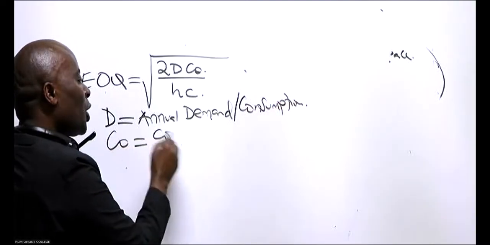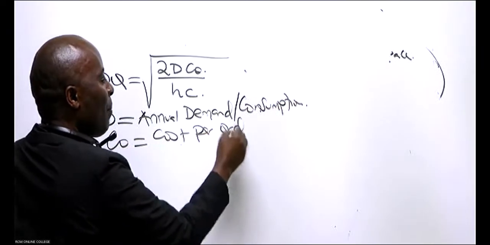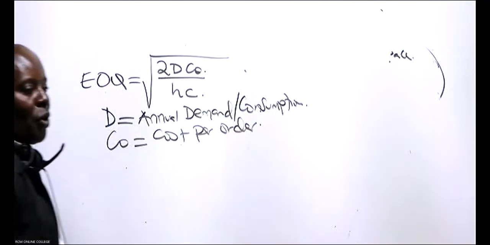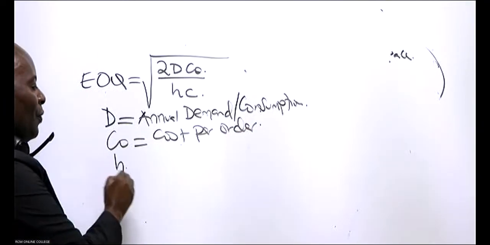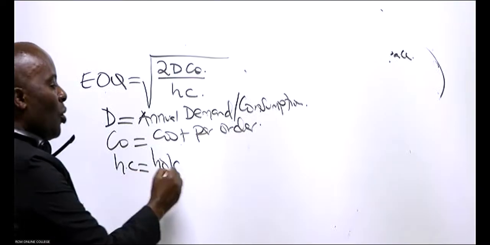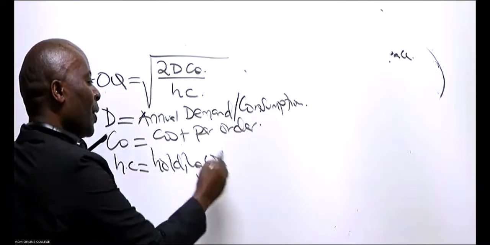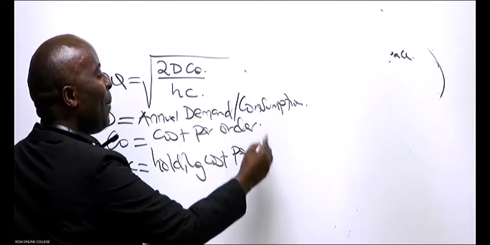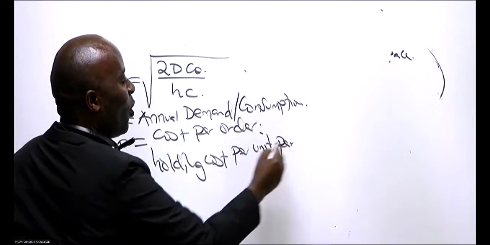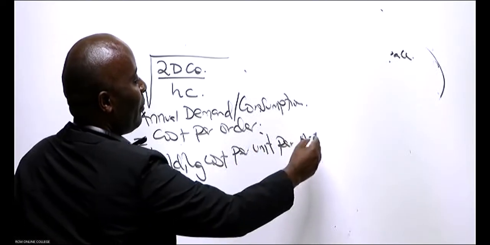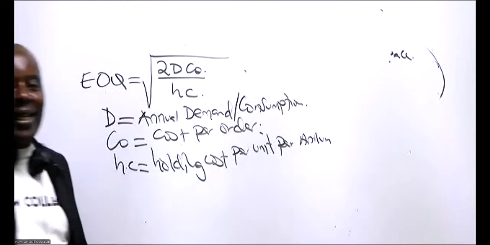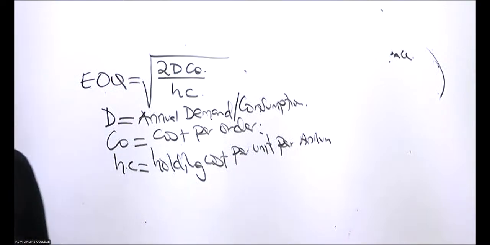CO is cost per who? Per order. CO is cost per order. And then we have HC, which is a holding cost per who? Per annum. So it is per unit and then per what year? Per annum.